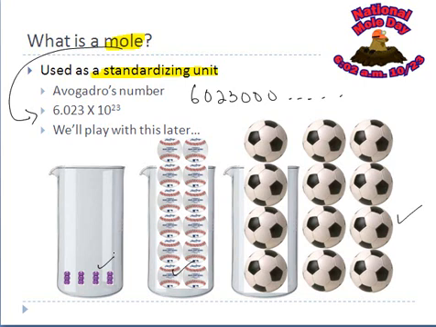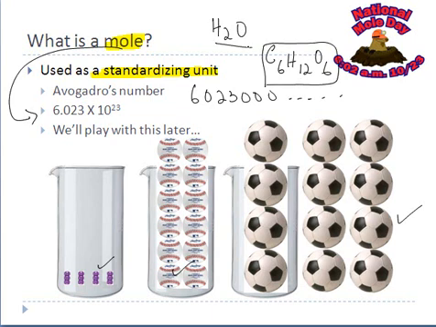What is common is that they all have the same number of quantities, but you can see that the size is different. So a mole of H2O and a mole of glucose will have the same number of itemized quantities, but the masses would be different.